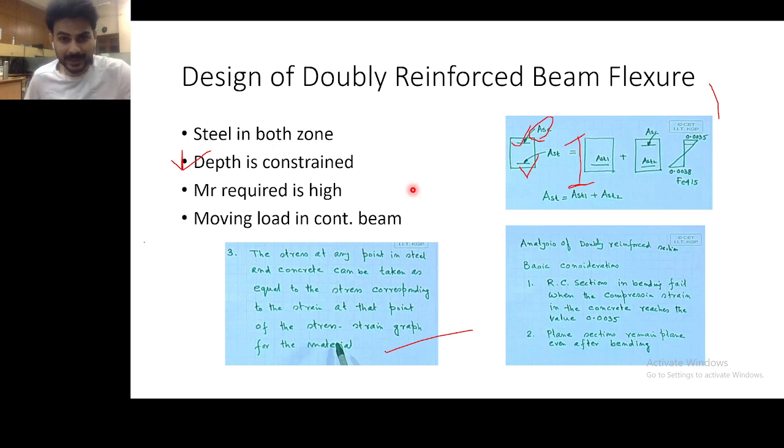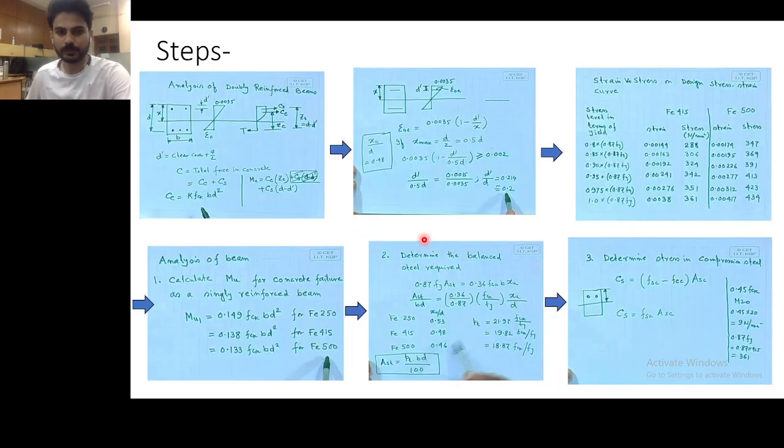So to take that tension which is coming due to the moving load, we design doubly reinforced beams. That reinforcement, ASC, will take the reverse forces coming due to the moving load. This generally happens in a continuous beam, like in bridges, if designed as a continuous beam.